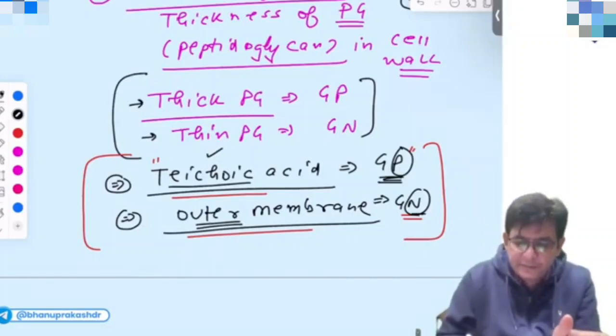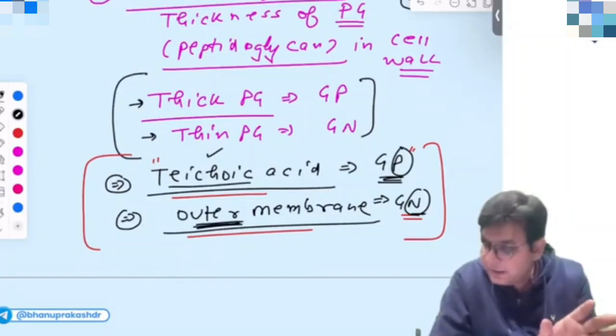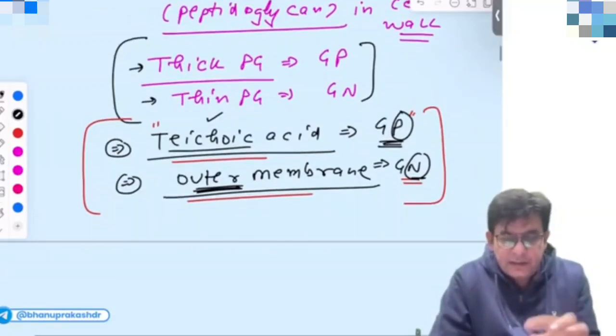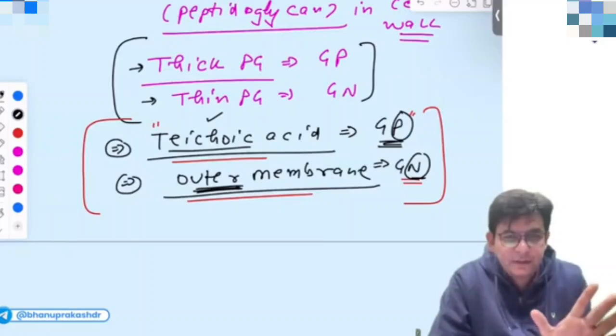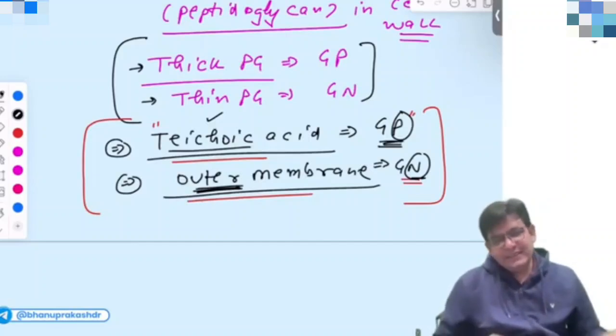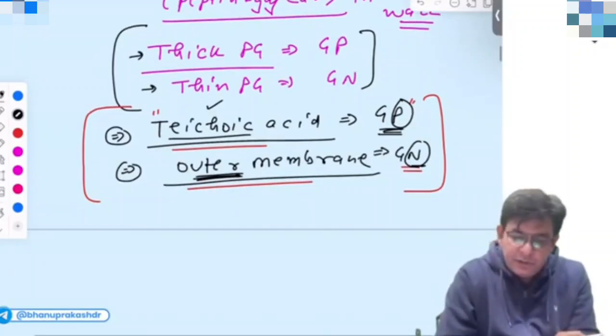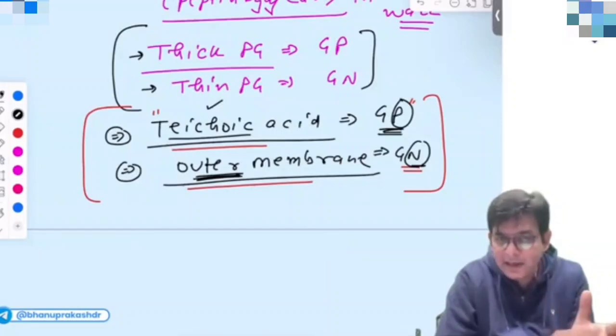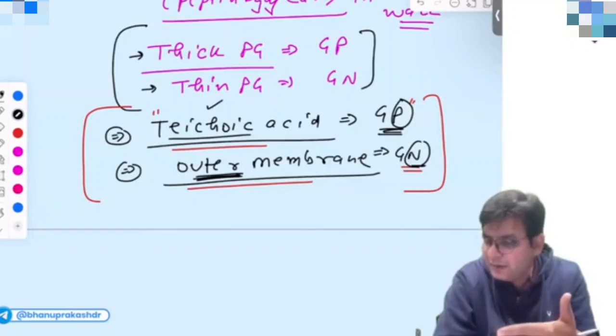In life, never lose hope of anything. If you lose hope, you lose everything, and if you have hope, you have everything. So remember that you have to persist, टिकना है life में positively. And outer membrane is a feature of gram negative.